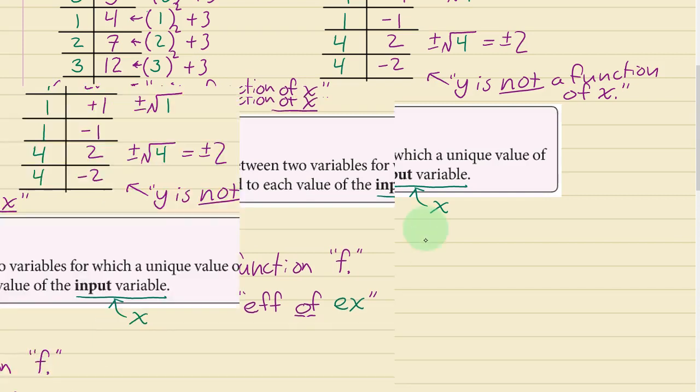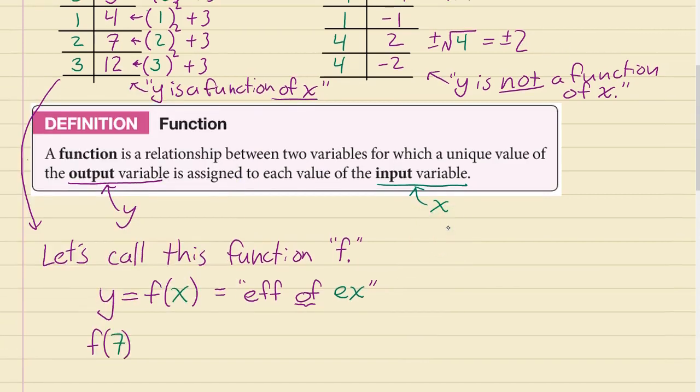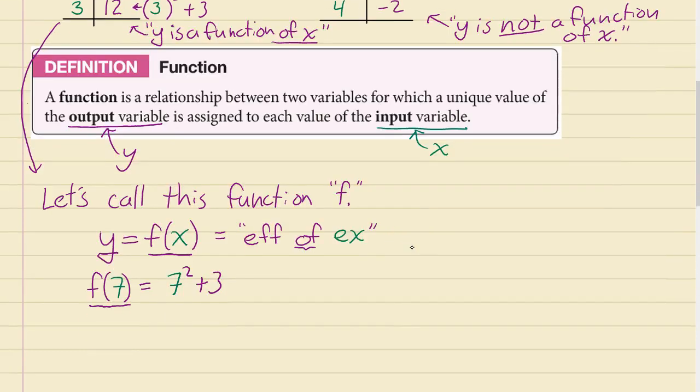That means what is the result, because f of 7 stands for the result y when the input is 7, and this comes out to be 7 squared plus 3, also known as 49 plus 3, which is 52. So you can say that if the input is 7, the output is 52.